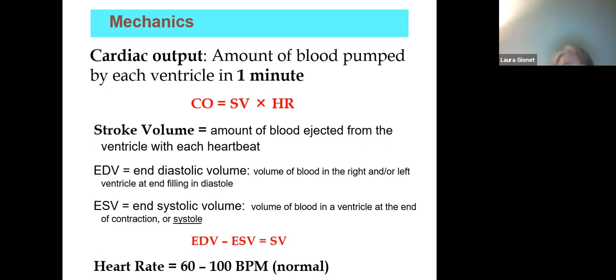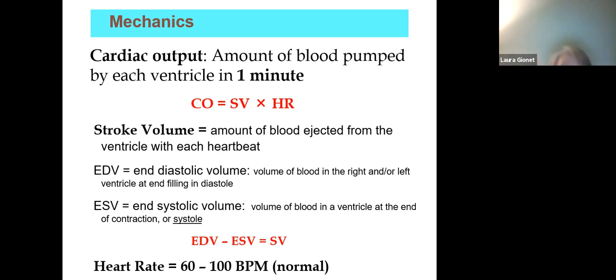Your end systolic volume is the volume of blood in the ventricle at the end of contraction or systole. So not all the blood is going to be ejected, but most of the blood will be ejected. So you take the maximum blood that has now filled that ventricle, and then you let the ventricle contract, and then you subtract essentially what is left over, because not all the blood will be ejected.